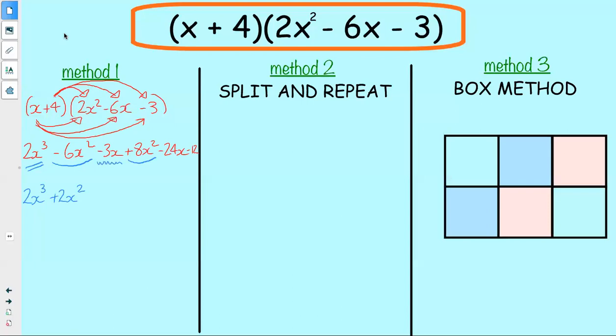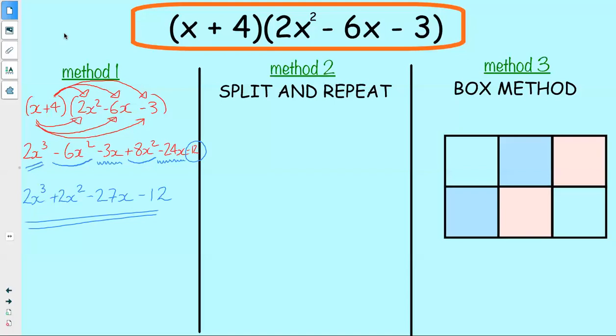Got a -3x and a -24x. So that really means you're on -3 and you're taking another 24 away. So it becomes -27x. And let's just look at the numbers. We've only got the -12, which doesn't change. So you've got 2x cubed, add 2x squared, subtract 27x, subtract 12.